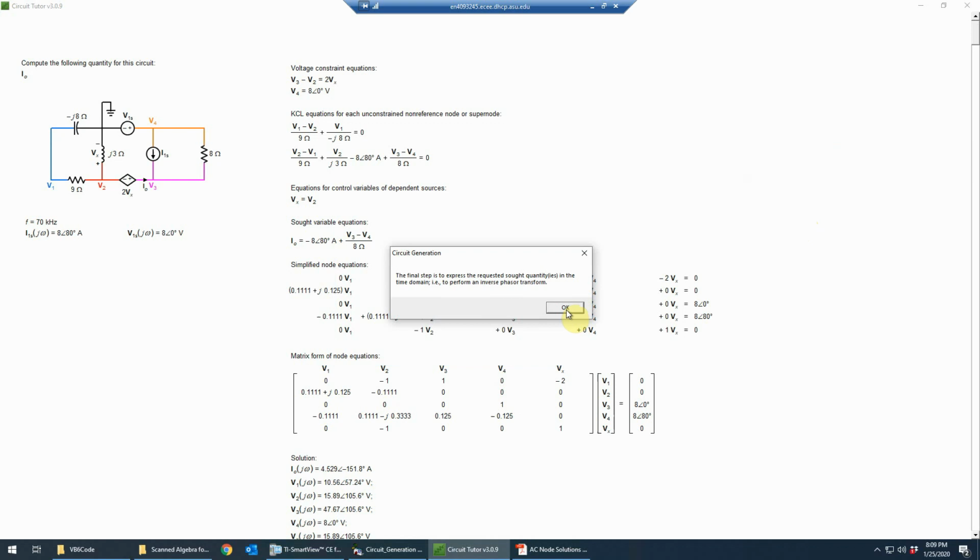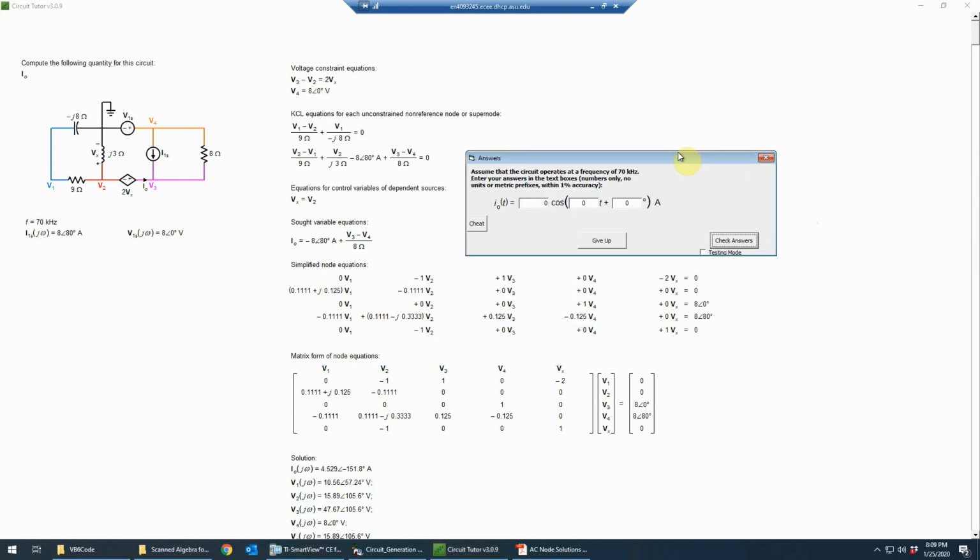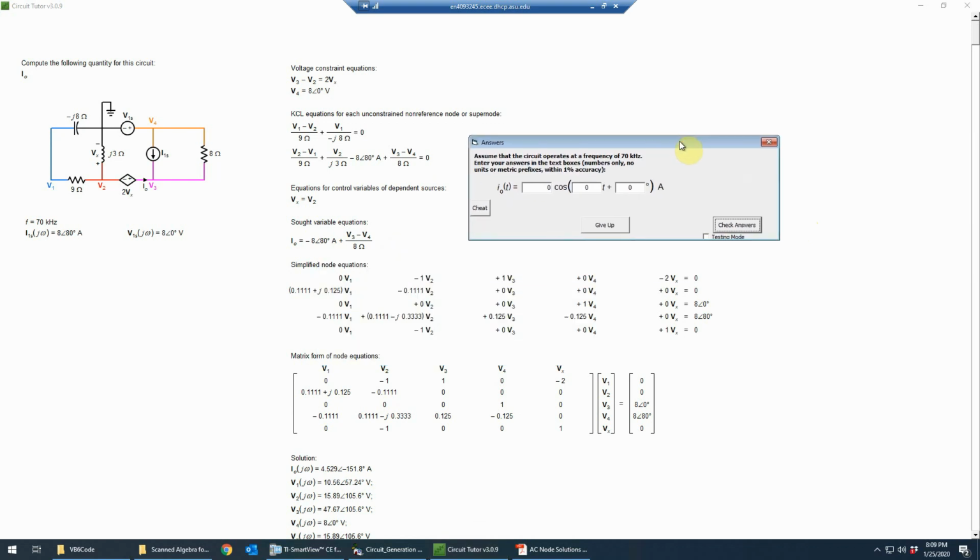And then the last step is to enter these values in the time domain. In other words, to do the inverse phasor transform. And in this case, we will need omega, because remember, whatever multiplies time in the argument of the cosine function, and of course cosine is always used for inverse phasor transforms because phasors are based on cosine functions. That's something you just need to remember if you're doing this on paper, but here it's actually just kind of printed there for you.